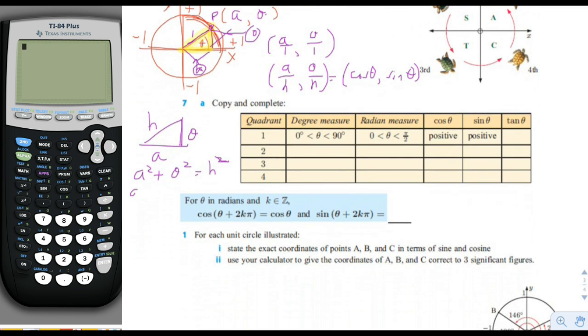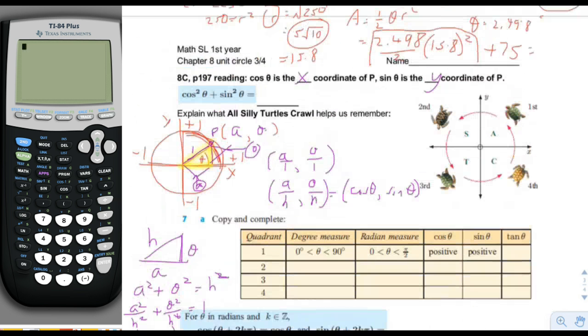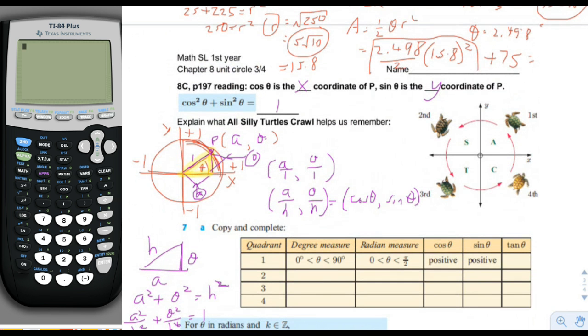So then we'll have adjacent squared over hypotenuse squared plus opposite squared over hypotenuse squared is equal to 1. This is equal to cosine squared theta. This is equal to sine squared theta, and that's equal to 1. So cosine squared plus sine squared is equal to 1. Okay, that kind of is an extension of Pythagorean's theorem.